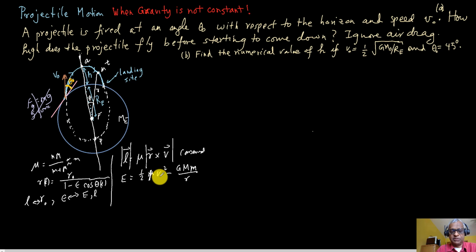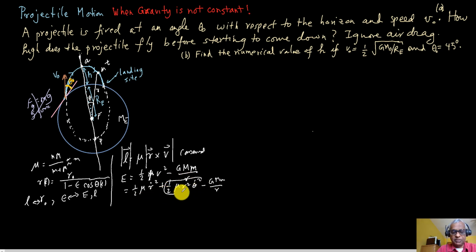This v is the speed, and so you can write down the radial and the angular parts: half mu r dot squared, plus half mu r squared theta dot squared for the angular part, minus GMm over r.